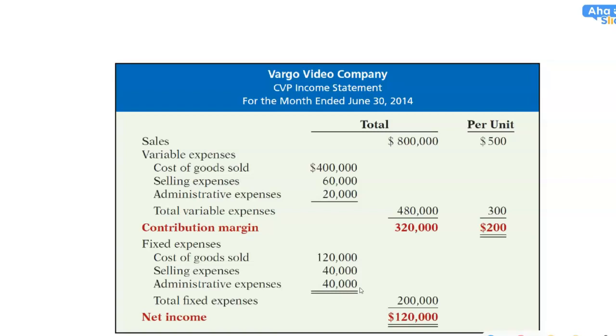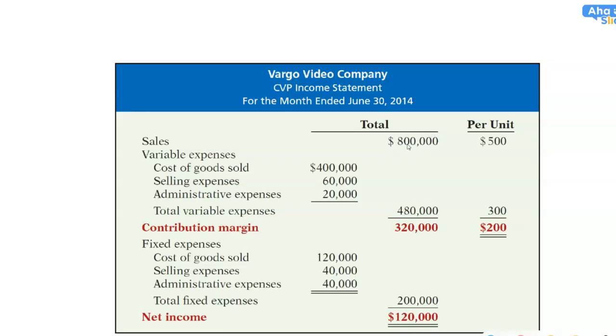They remain the same in total. Therefore, my profit will go up by more than 10%. But you see, now I can predict what my profit will be with the sales increase.